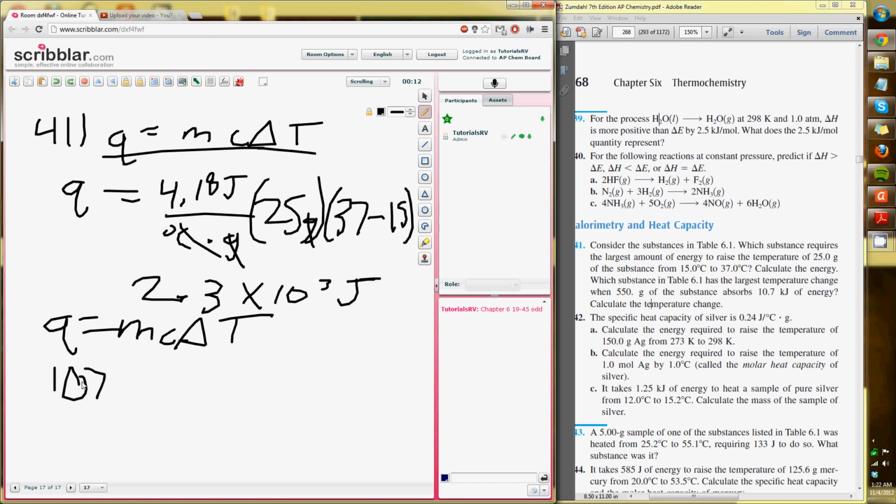10700 joules equals 550 grams. This is, of course, I converted it in my head. This is C delta T. And if you look on the chart, the lowest amount for C is 0.14. So C is 0.14.